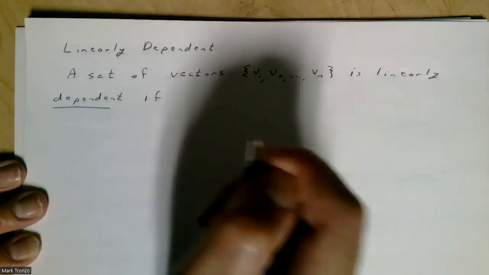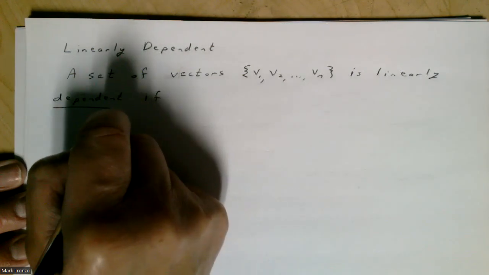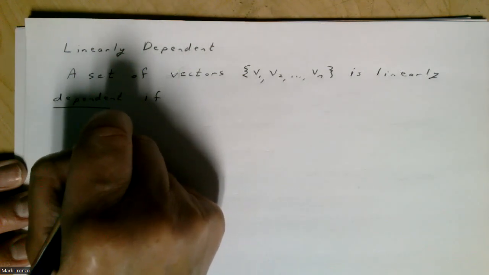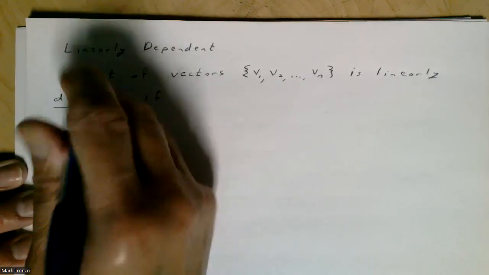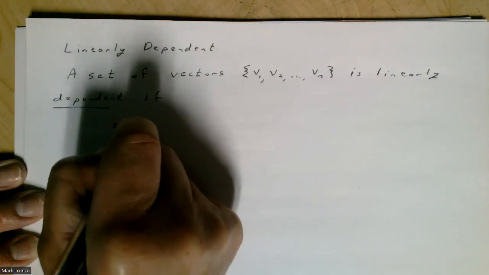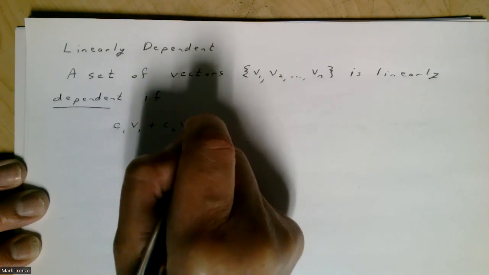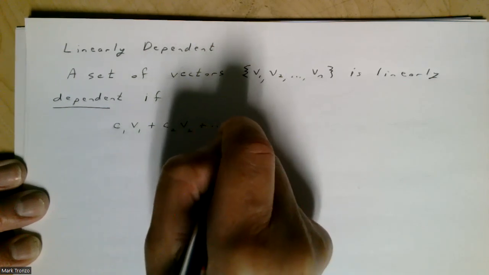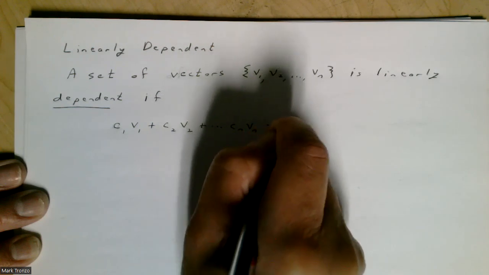if you can get zero when you multiply them by constants. Let me use a constant, say C1 V1, C2 V2, Cn Vn.